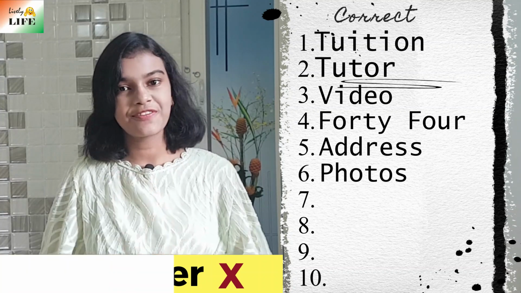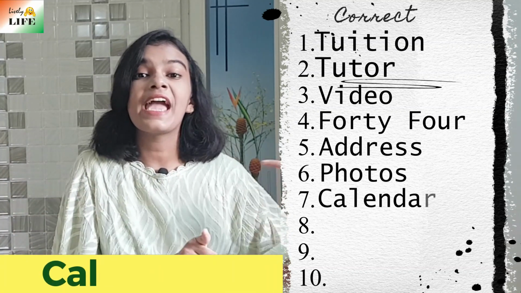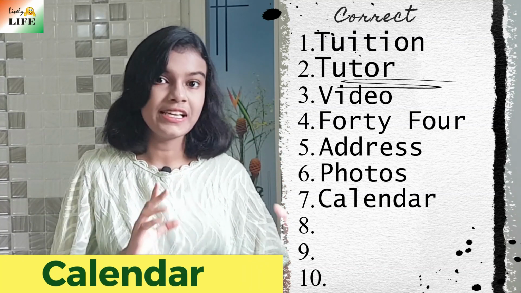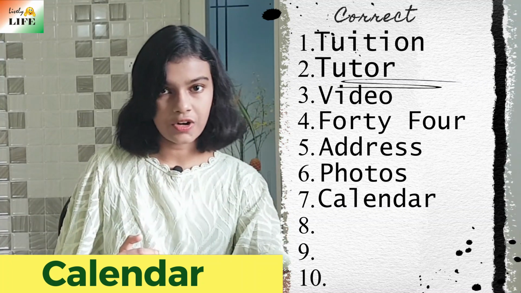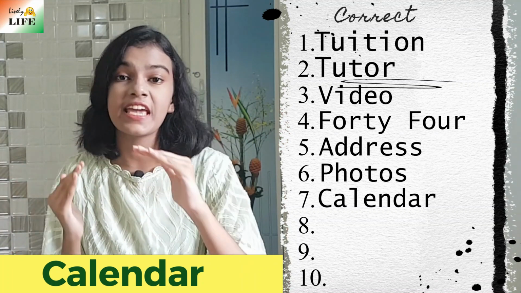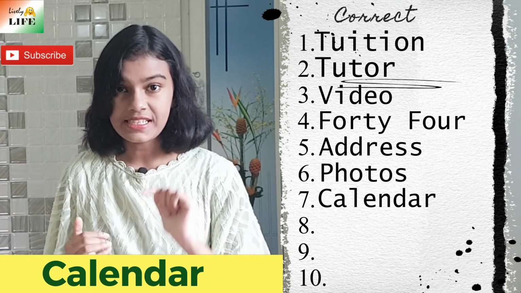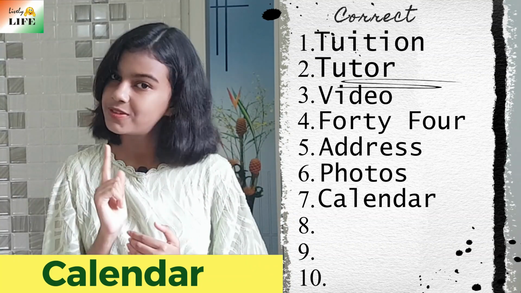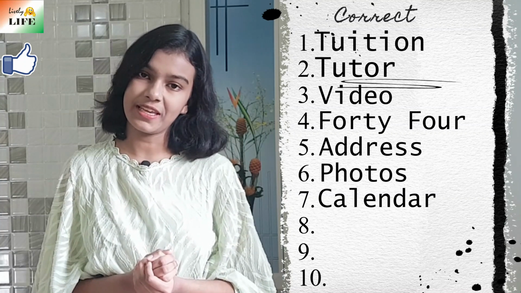The real spelling of calendar is C-A-L-E-N-D-A-R. We do not write D-E-R. For the last part, it is A-R. Calendar. This is the correct spelling.